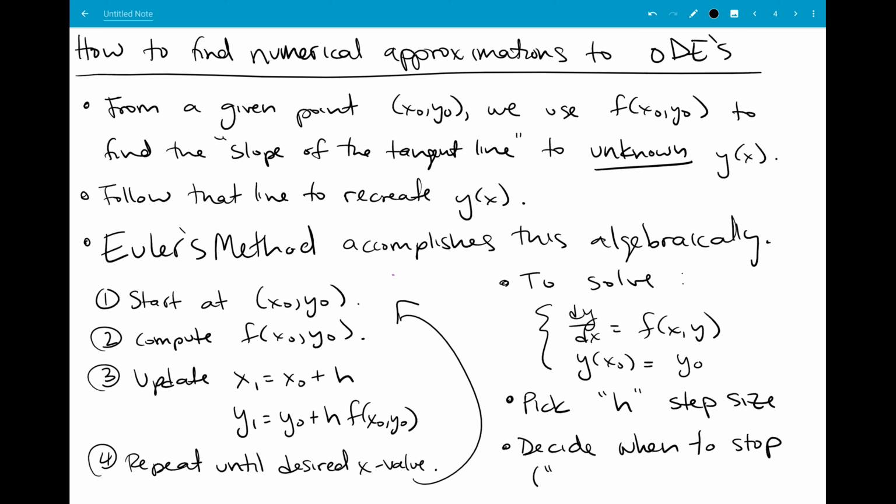So it'll be like, what is y of 2? Then you stop at x equals 2. So that's the general approach to Euler's method.